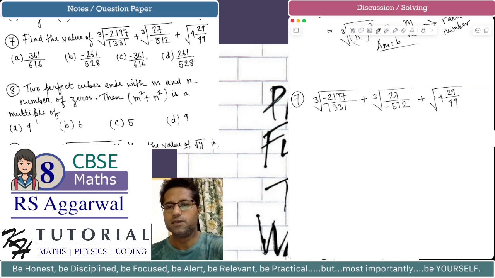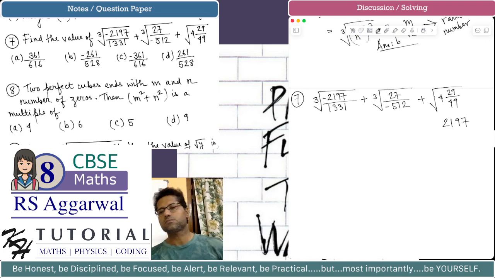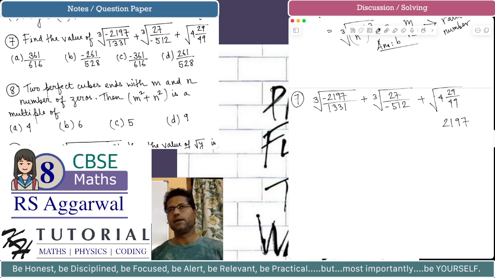So let's quickly see the prime factorization of 2197. Now it is not divisible by 3. It is not divisible by 9. Is it divisible by 7? Is it divisible by 11?